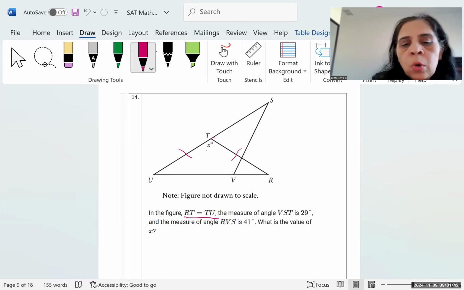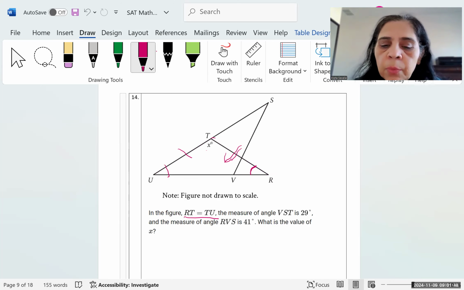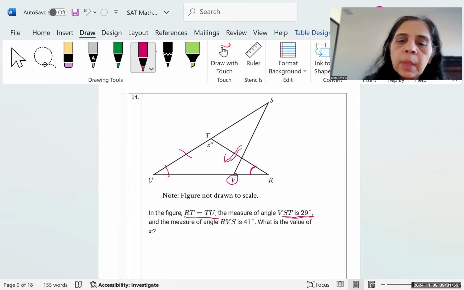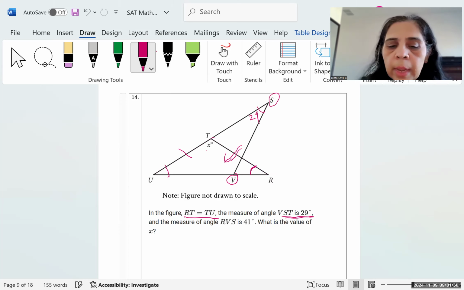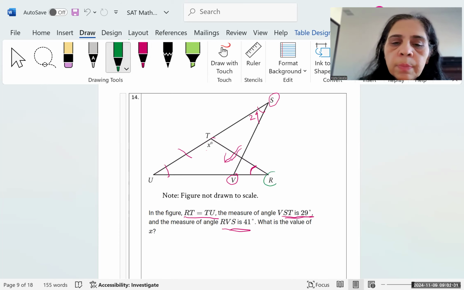What does that mean? Opposite angles must be the same, so these two angles are congruent. Okay, VST is 29. And RVS, this angle, is 41, right?